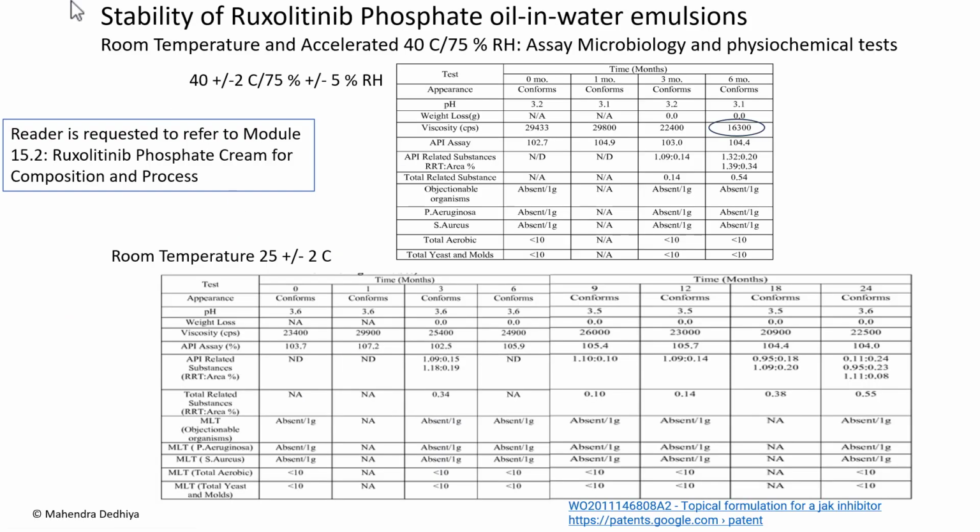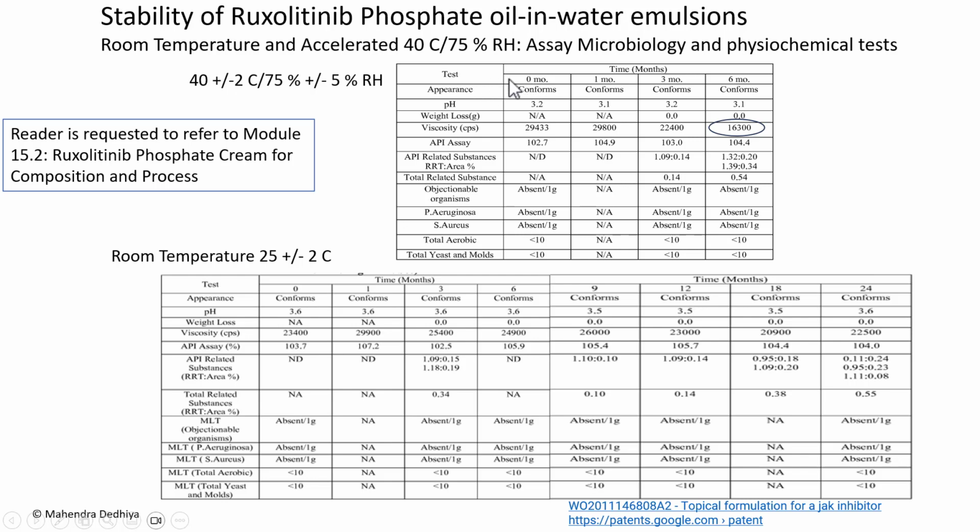Let's look at stability data on ruxolitinib phosphate in an oil and water emulsion. The reader is again requested to refer to module 15.2 where composition and processes are presented. This is typical of the data submitted to FDA. I'd like to point out that FDA documents may not include detailed stability information. Accelerated conditions are 40 plus or minus 2 degrees centigrade and 75% plus or minus 5% relative humidity.